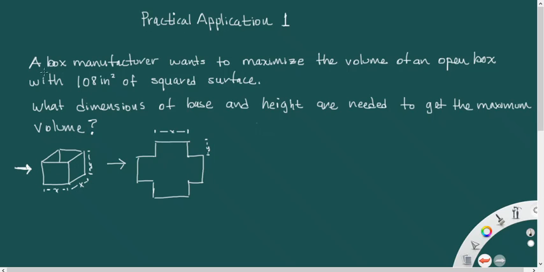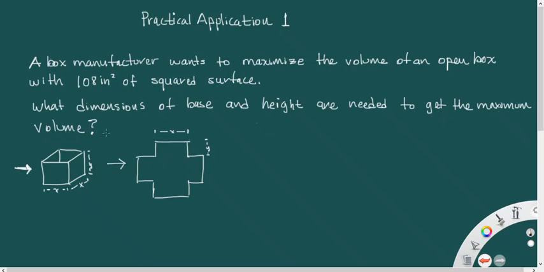And the problem is that the manufacturer of this box wants to maximize the volume inside the box. This is an open box, so it doesn't have the cover on it. But the square surface of material equals 108 square inches.